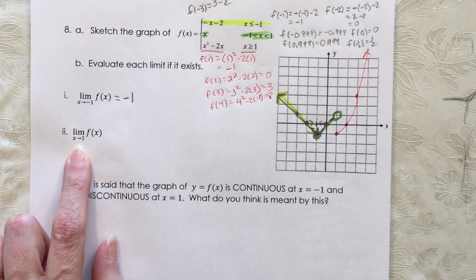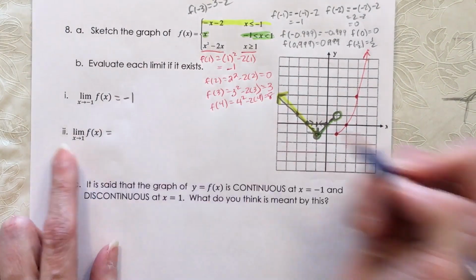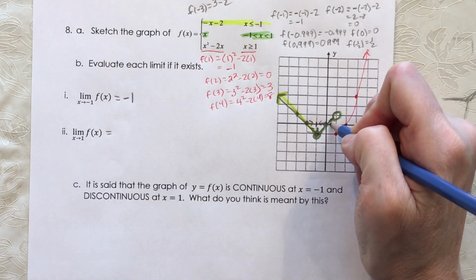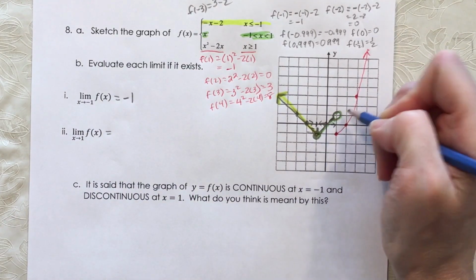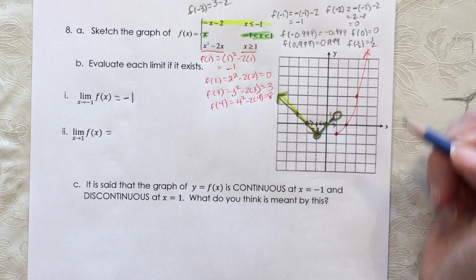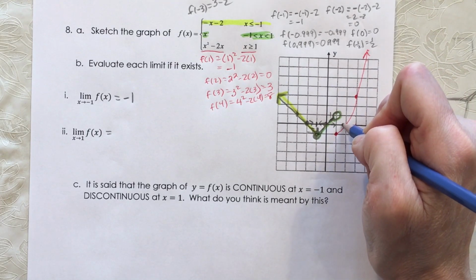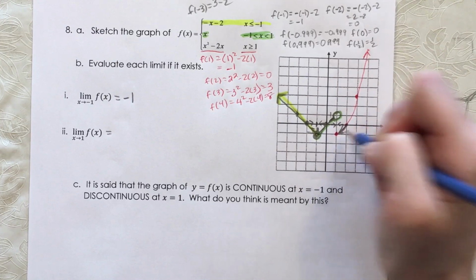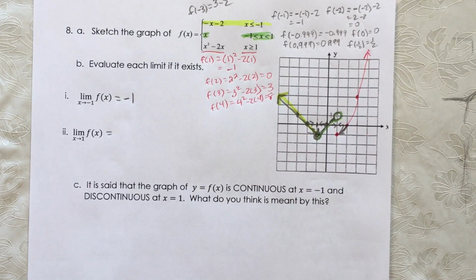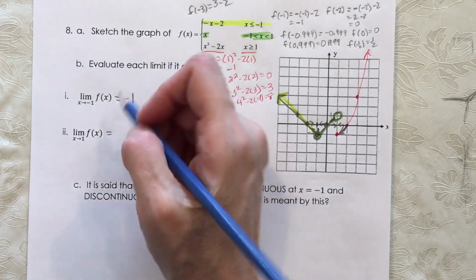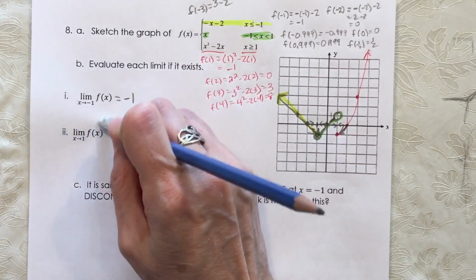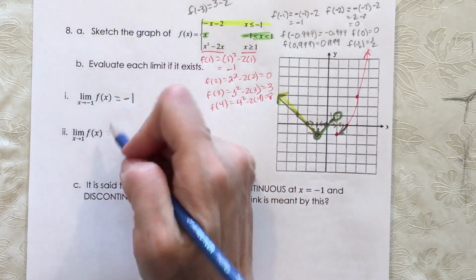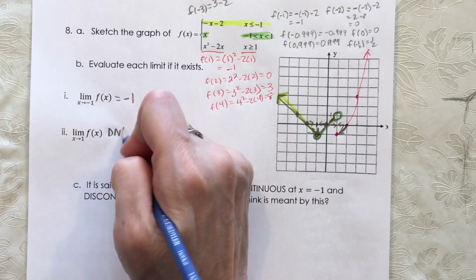How about the limit as x approaches 1? From the left, my curve is approaching 1. As I approach 1 from the right, I'm in the red piece, I'm approaching -1. So since the left and right limits don't match, the limit does not exist. So instead of an equal sign, DNE, does not exist.